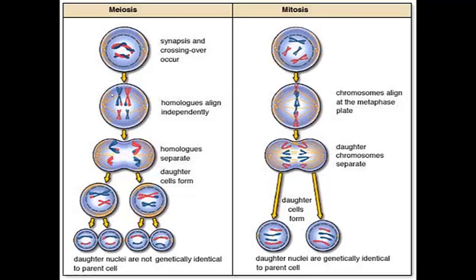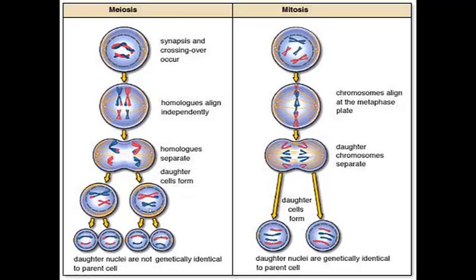In meiosis, the homologous DNA molecules align independently, and in mitosis, the chromosomes align one by one along the metaphase plate. Homologous chromosomes separate and daughter chromosomes separate. So you have pairs going in opposite directions over here, and you have one going in opposite directions over here.